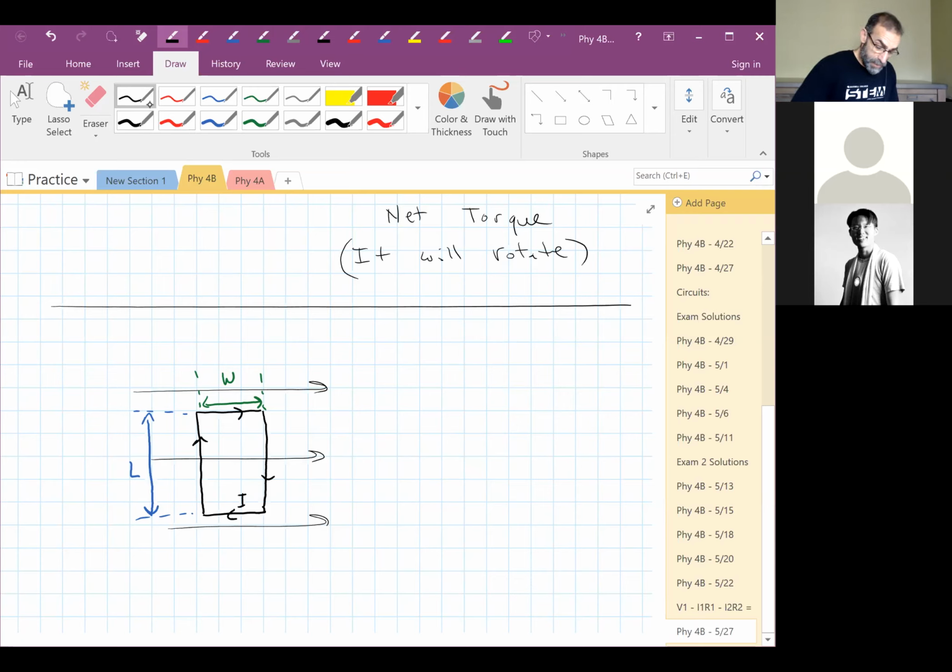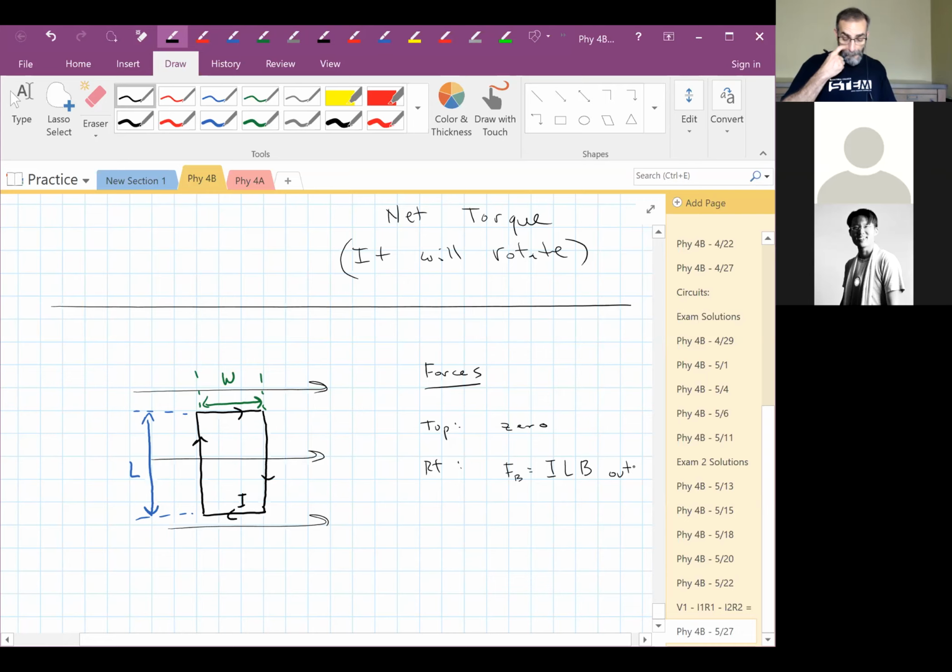So again, forces real quick. Top, 0. The right-hand side is going to be I times L times B out of the page. Okay.